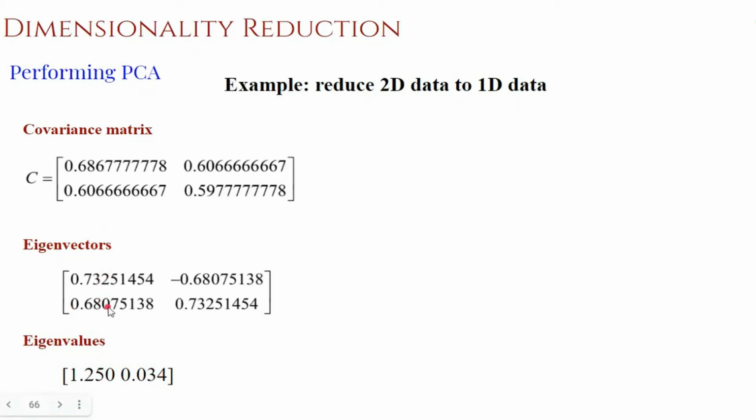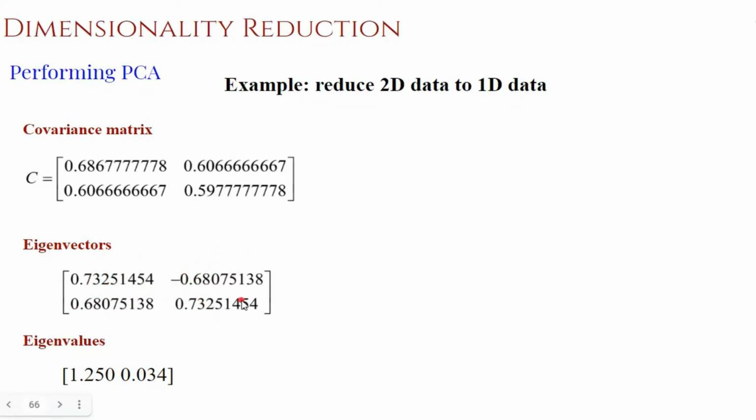In an eigenvector matrix, the first column represents the eigenvector, which is a unit vector. So this is the eigenvector corresponding to the eigenvalue 1.25. Look at this column. This is the eigenvector corresponding to the eigenvalue 0.034. So now you have two eigenvalues and two eigenvectors, which we interpret as column vectors.